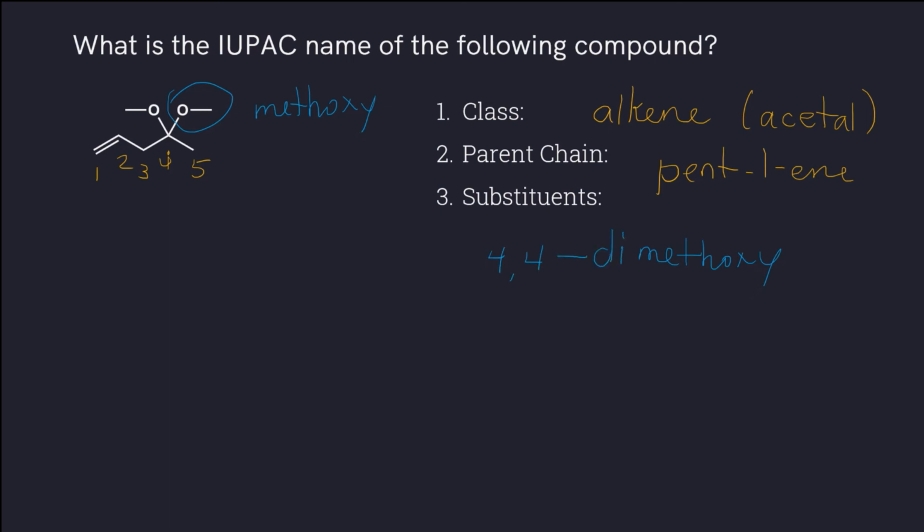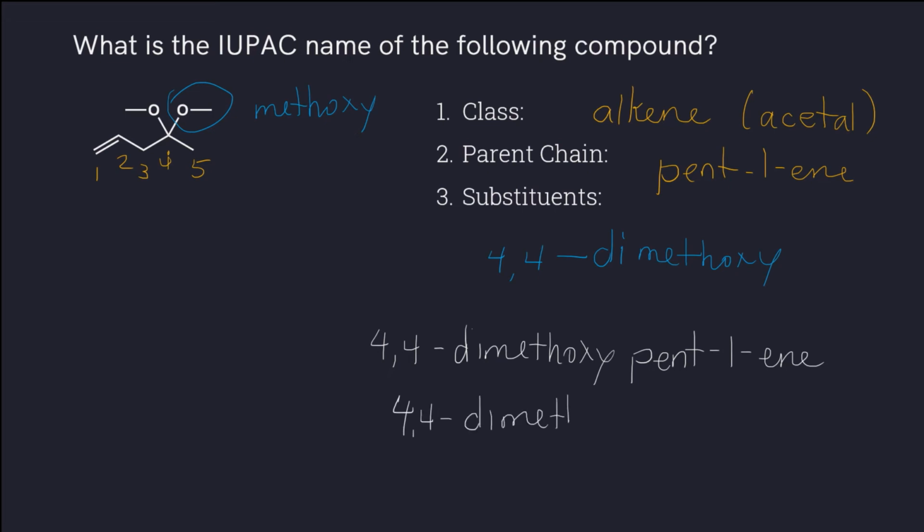Okay, 4,4-dimethoxy. So the name of this compound is 4,4-dimethoxypent-1-ene. You can also name this as 4,4-dimethoxy-1-pentene.